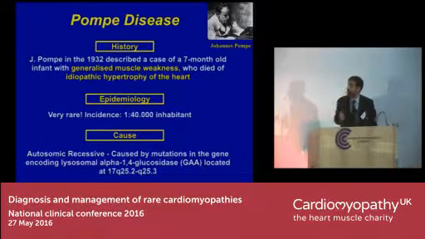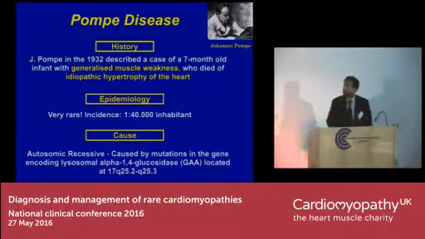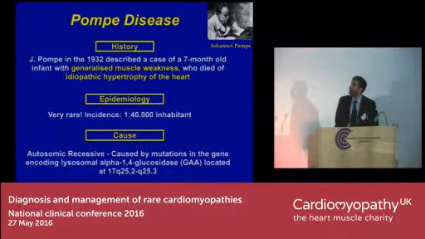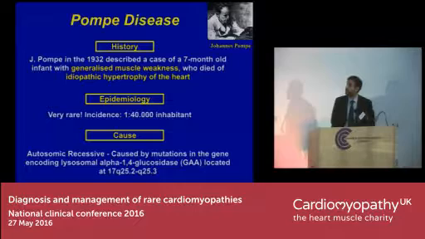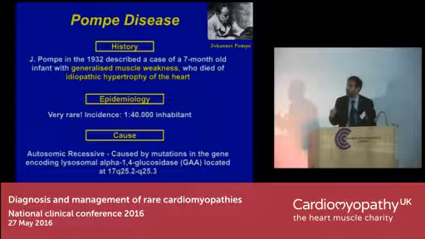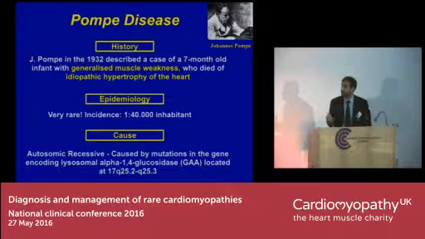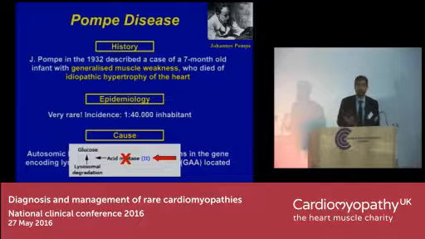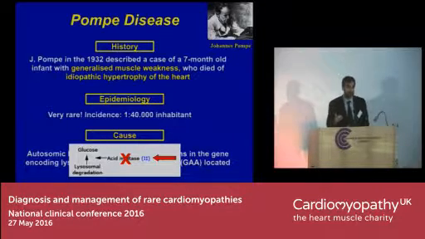This is a very rare condition that was described in 1932 by a pathologist who described the case of a child with muscle weakness, important hypotonia, and idiopathic hypertrophy of the heart. This was found to be related to mutation in a gene encoding for alpha glucosidase. This gene is responsible for the catabolism of glycogen, and the net effect is a glycogen storage disease in the lysosome.